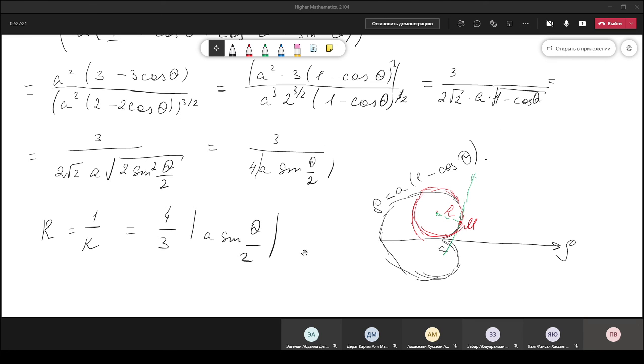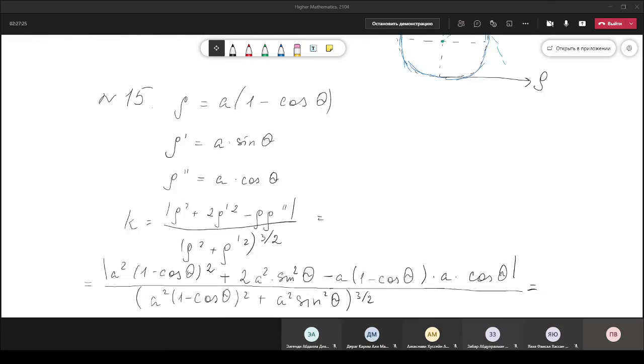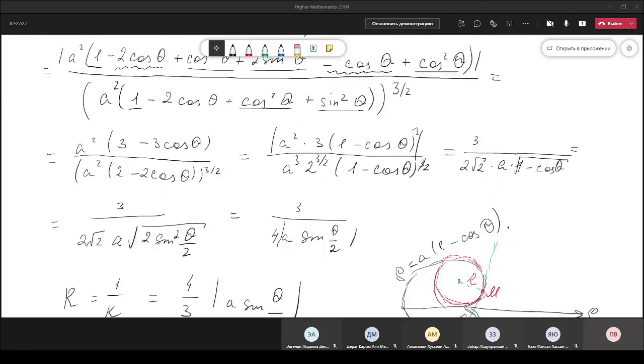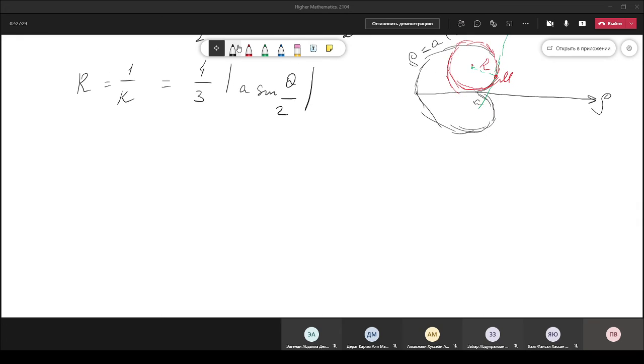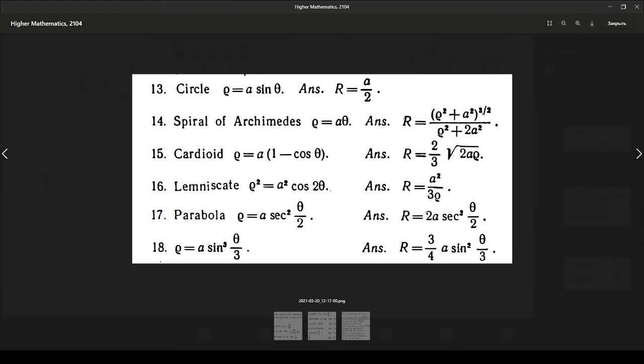Next, our example 17. Yes, it is our last example on this day. Example 17. Oh, a long day today. Example 17. What is it?